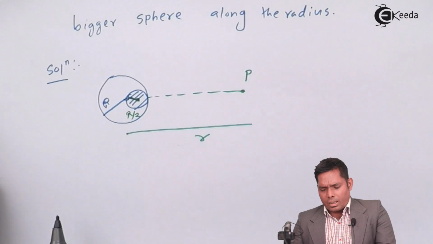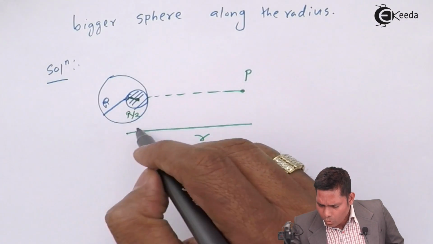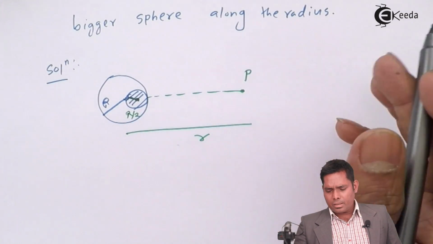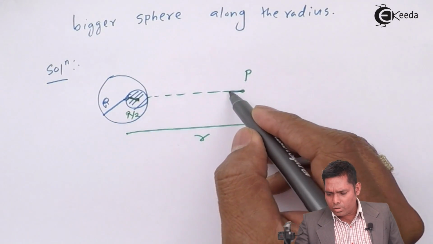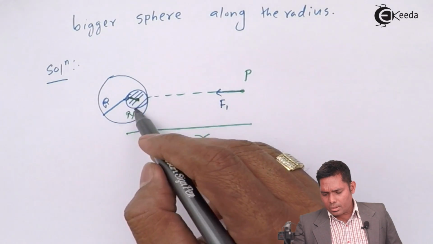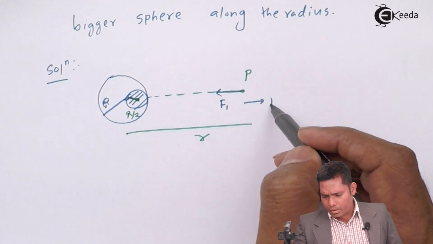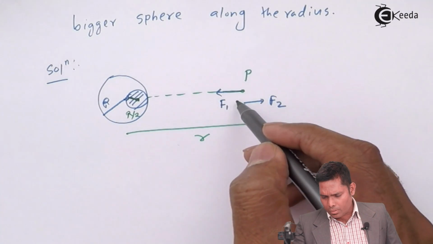Now the force on this one, because of the whole mass, let us suppose is F1, and because of the smaller mass the force is F2. If I consider that to be a negative mass, then F2 will be in this direction and F1 in this direction.